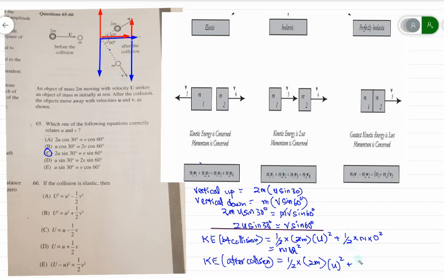Now the m object is half times m times v squared.